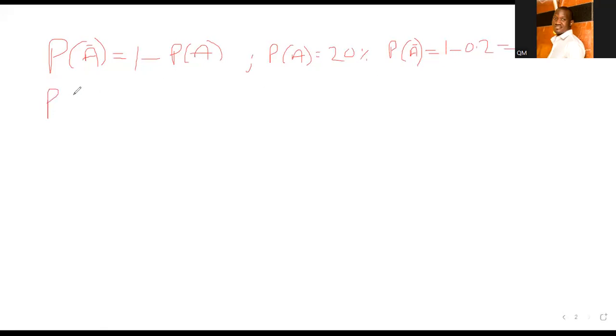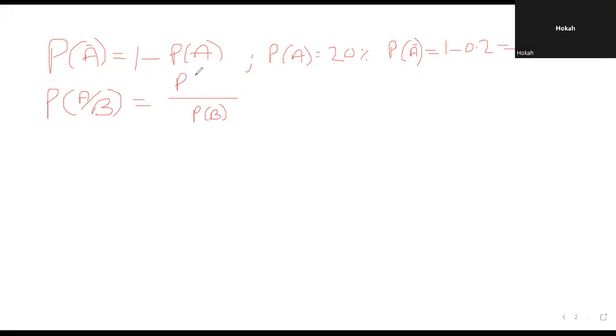Also mentioned a complement. If we're given A given B, how do we expand this? You write over, start with over, probability of B on top there, probability of A intersection B. Correct.